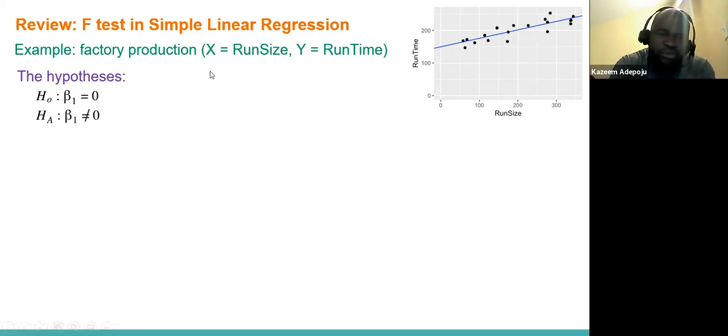The alternative is that beta 1 is significantly different from 0. Before we go into research, we have an expectation that there should be a linear relationship between the two variables.